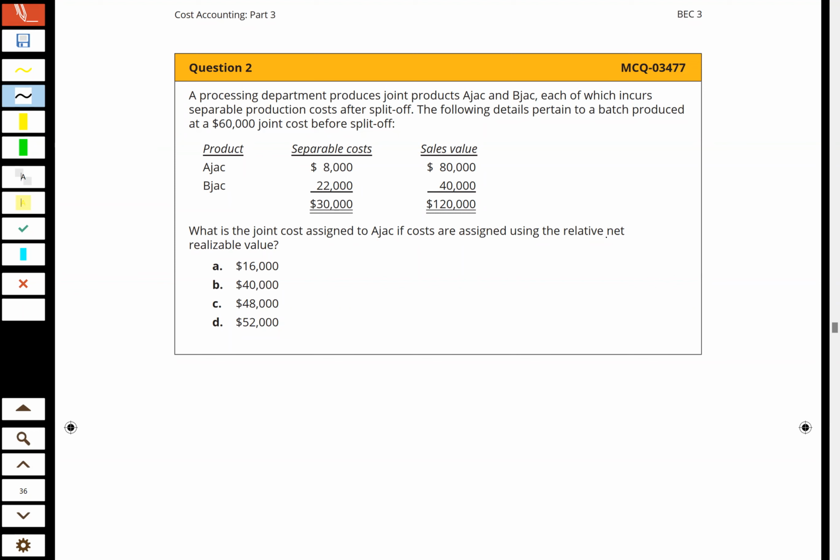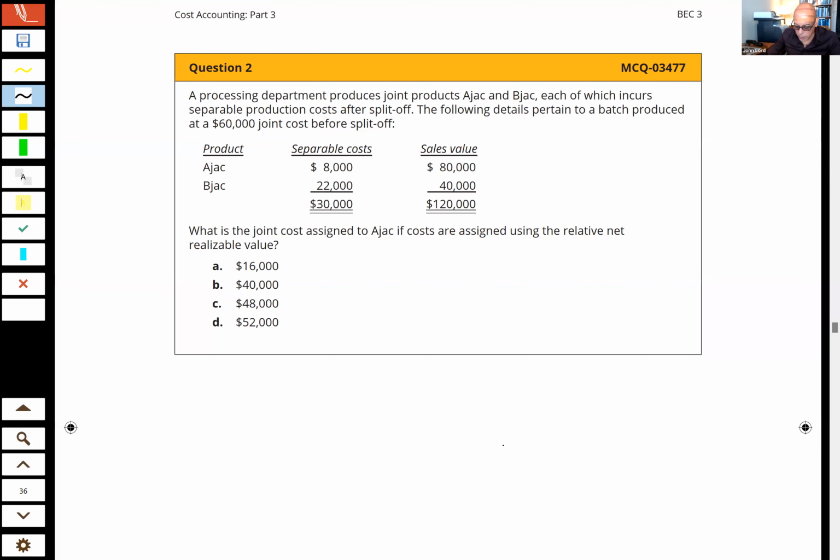This is a question that really should take you in the neighborhood of maybe a minute to work on the exam, maybe a minute and a half. I'm just giving you that sense because this is a pretty straightforward question that, as you practice more with these, you should be able to work pretty quickly.